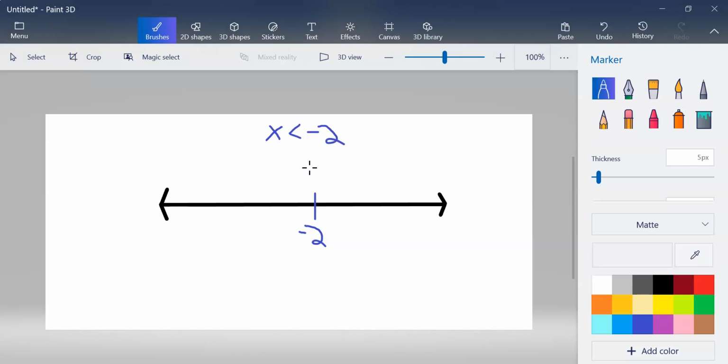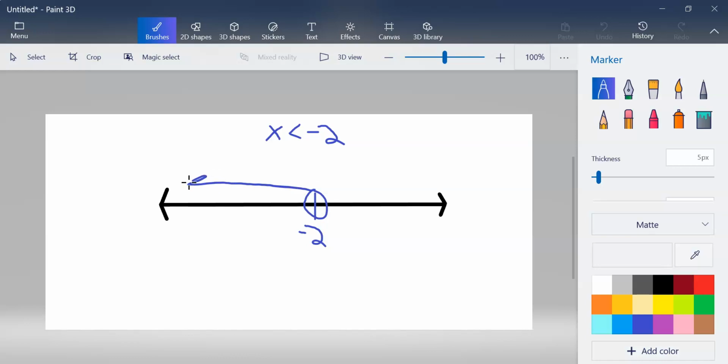So our solution can be any number. In other words, what numbers make this statement true? Well, any number which is smaller than negative 2. Now, on a number line, that's any number to the left of negative 2. Now, we draw an open circle at negative 2, and then we put an arrow.